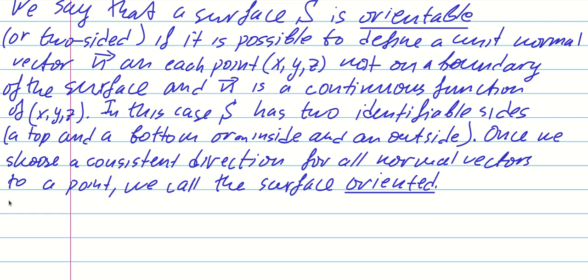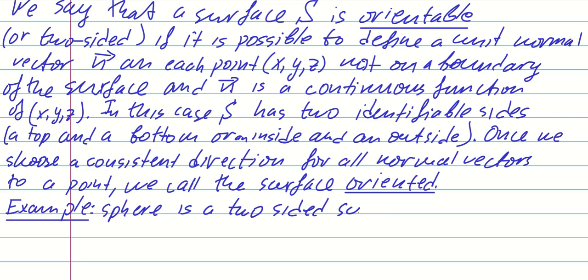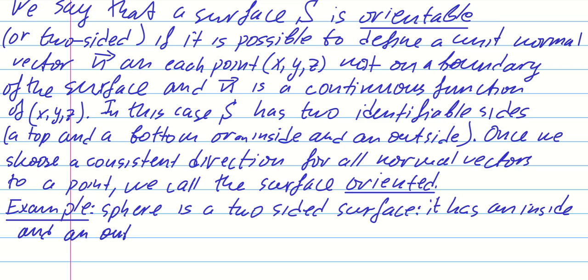Let's look at a small example. If we think about a sphere, it is a two-sided surface. Why? Because it has an inside and an outside surface.